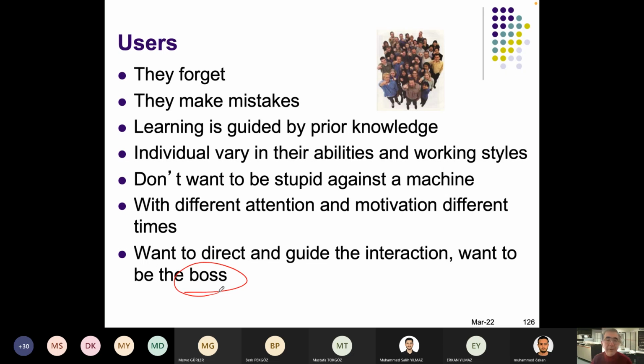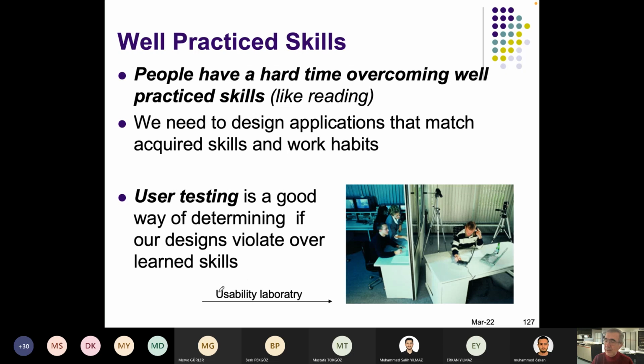That's an interesting topic. Here we see a user interface laboratory, a traditional user interface laboratory. In the traditional user interface laboratory, we have a one-way mirror.